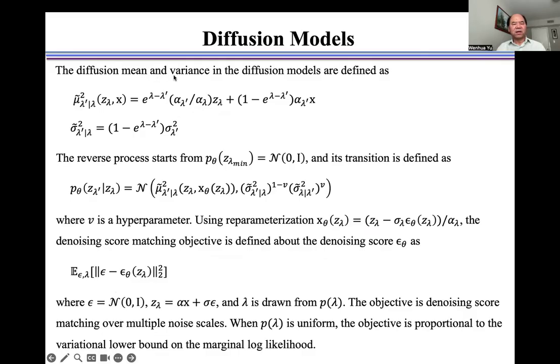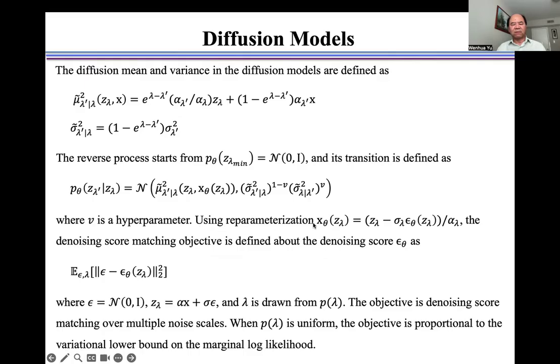The diffusion mean and variance in the diffusion models are defined as here. The reverse process starts from a normal distribution, and its transition is defined as here, where V is a hyperparameter.